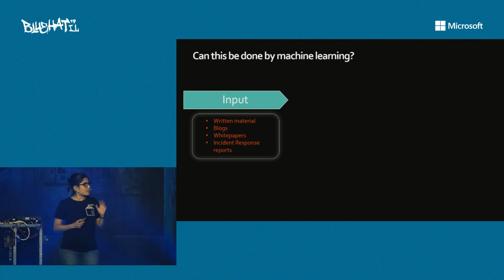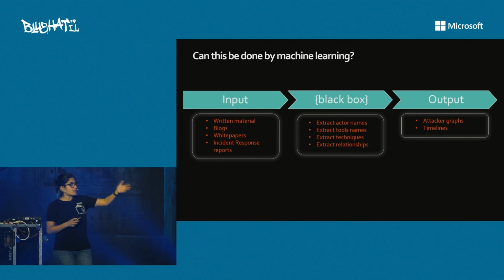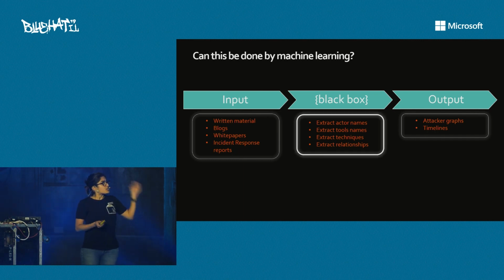If we could, our input would be all of this written material, blogs, white papers, maybe past incident response reports from your org. And then there'd be this black box of machine learning, which can extract the actor names, the tool names, the techniques that they're using, and extract the relationships between them. And then the output would be the type of graphs that we've seen. So we're going to focus on building this black box.